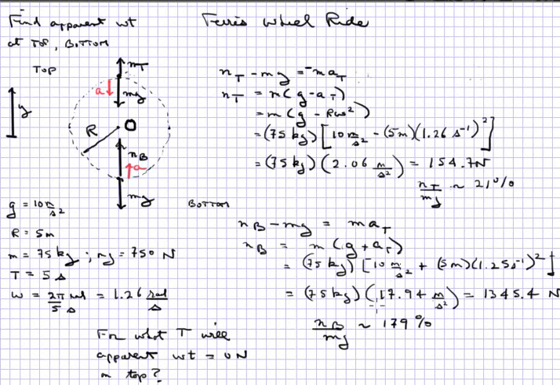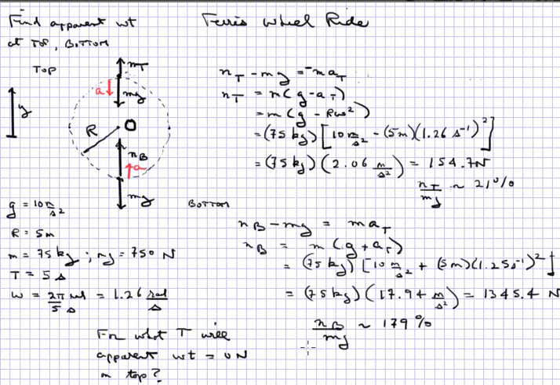If you work that out, it's 17.94 meters per second squared times 75 kilograms, which gives 1345.4 newtons. And the ratio of the normal force, which is the same as the apparent weight of the person, to their weight is roughly 180%.